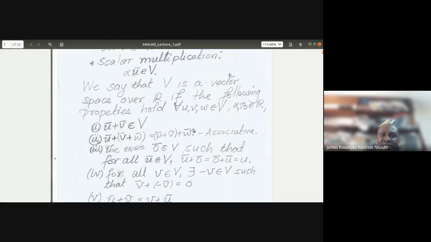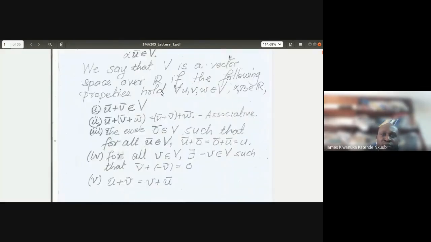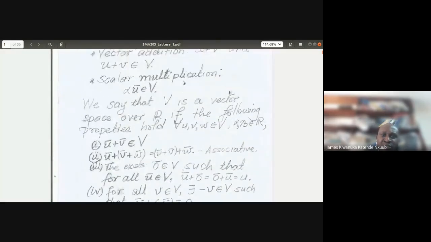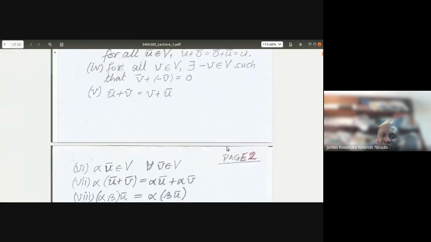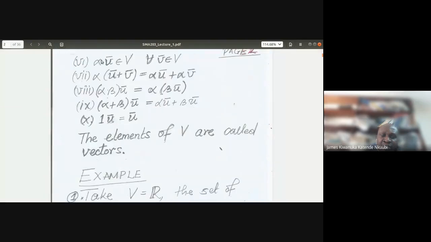Remember, we had 2 operations. One of them was addition of vectors, which is here, and scalar multiplication. So the first 5 properties are focusing on just the addition. Now we want to connect the addition to scalar multiplication, the remaining properties.